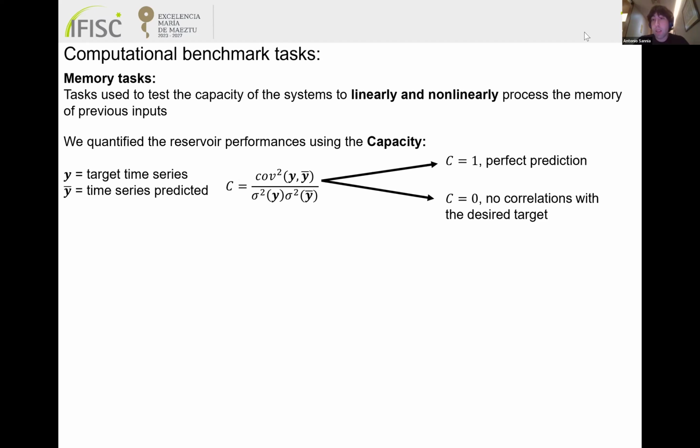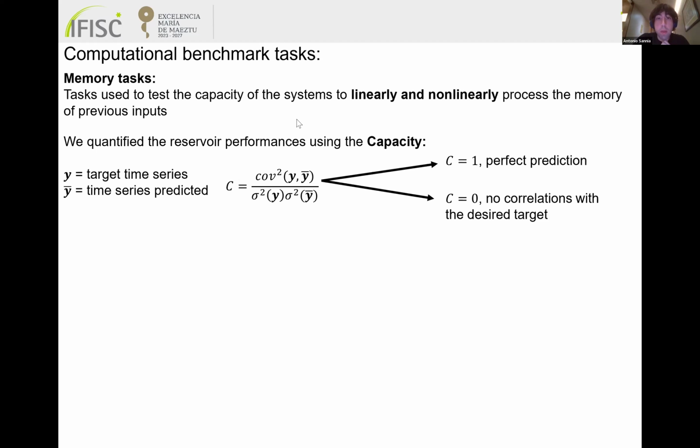We quantify the performance with this capacity, where y is the target time series that we want to reproduce, and y with a bar is the time series that our reservoir is predicting. A capacity equal to 1 means we reach perfect prediction, and a capacity equal to 0 means we don't have any correlation with the target that we want to reproduce.